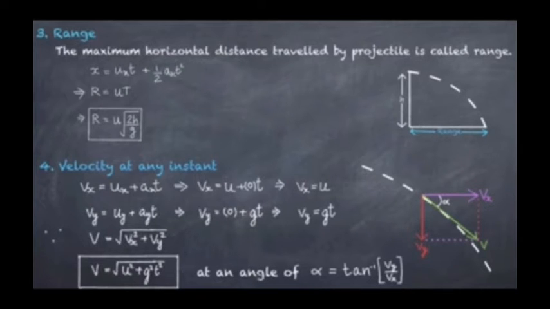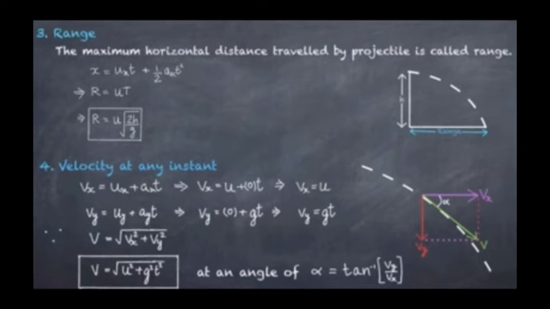Then horizontal range. The horizontal range R is the maximum horizontal distance covered by the projectile from the foot of the tower to the point where the projectile hits the ground. The maximum horizontal distance traveled by the projectile is called range.